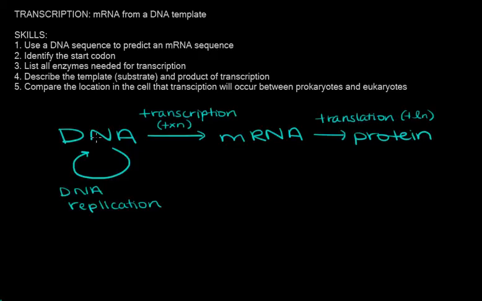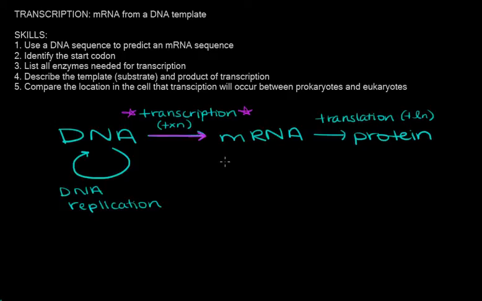DNA is also the template for transcription, this arrow, in which DNA is the template to make an mRNA product. mRNA is then the template for the process of translation to make a protein. So the only part that we're covering in this lecture is transcription, where DNA is the substrate and the mRNA is the product.